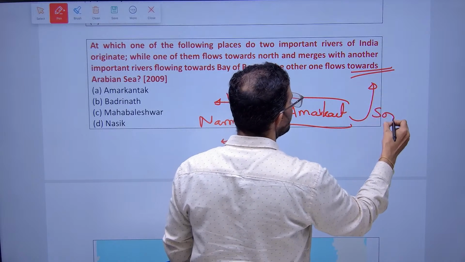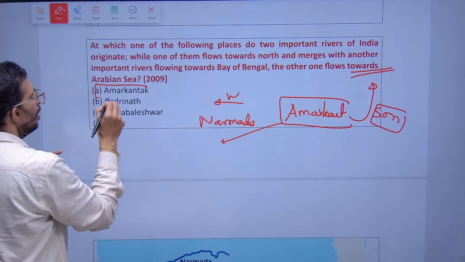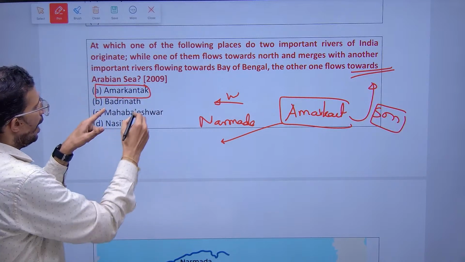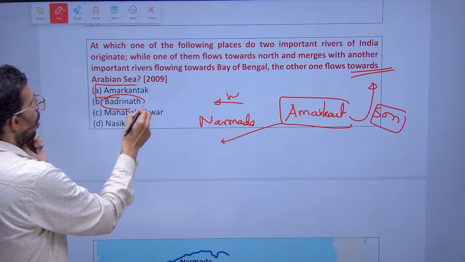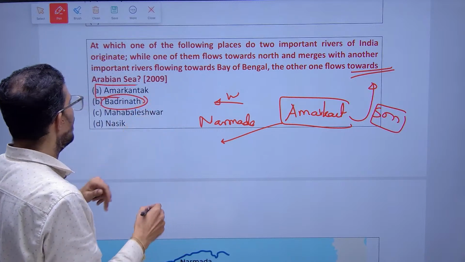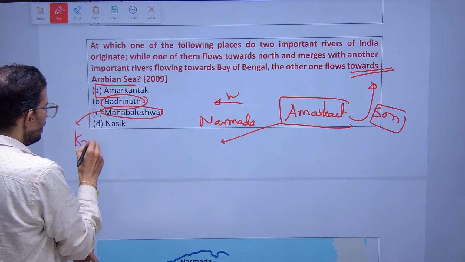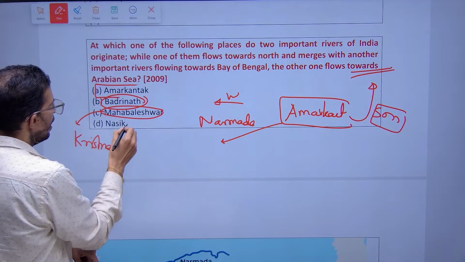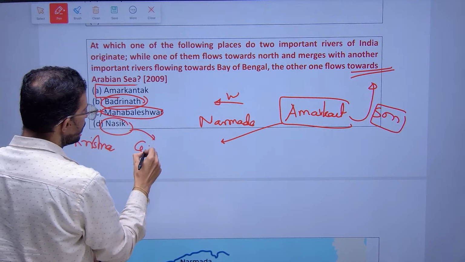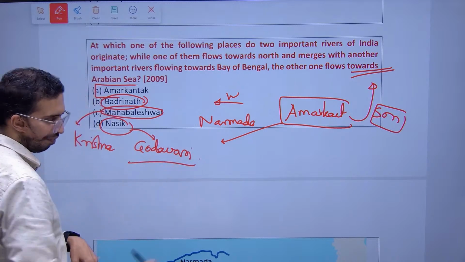Which river is that? Sun river. Yes. So the place is Amarkantak. They have asked about Badrinath also. We have seen Badrinath, which river originates? Yes, Alaknanda. Mahabaleshwar, which river originates? Krishna river, please note it down. At Nasik, Trimbakeshwar, which river originates? Godavari.